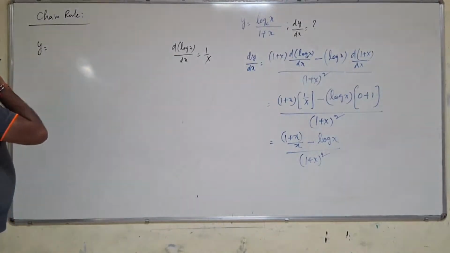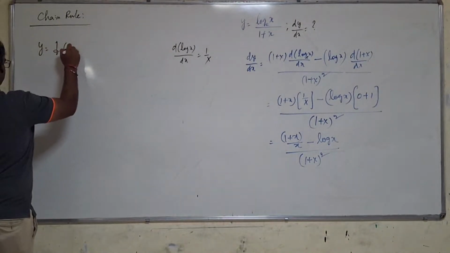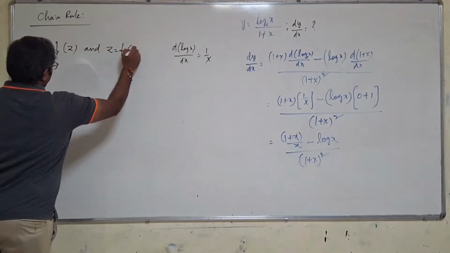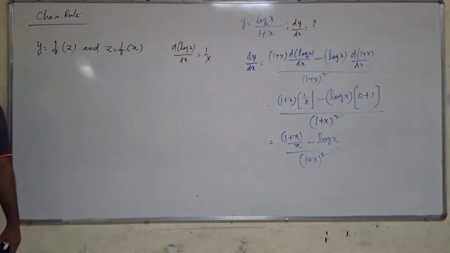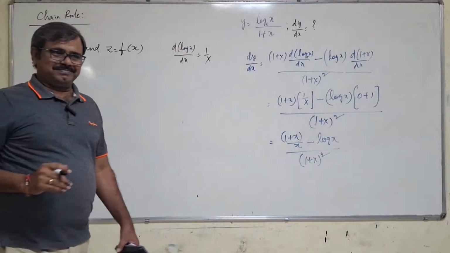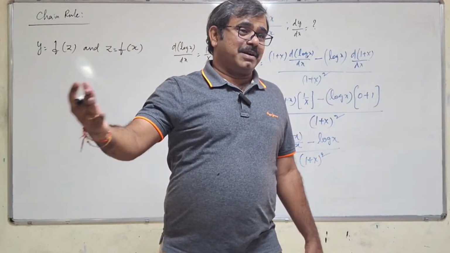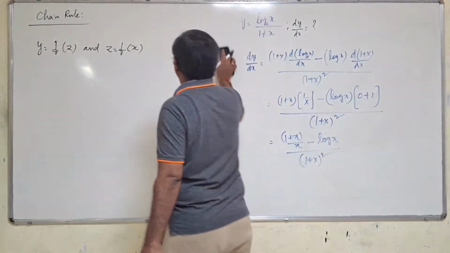I'll tell you what it means. y is a function of z, and z in turn is a function of x. y depends on z and z depends on x. I'll give you an example.